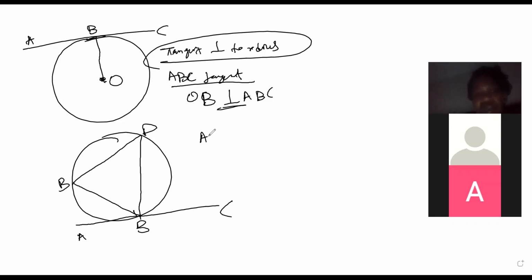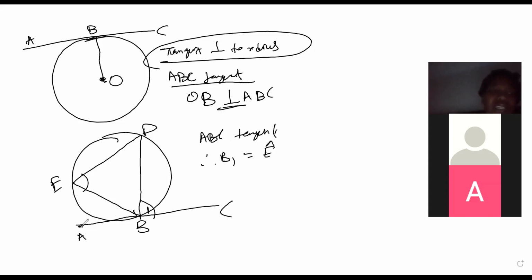So if ABC is a tangent, therefore this angle will be equal to this one: B1 will be equal to angle E. That's the tan-chord theorem. It says the angle between a tangent to a circle and a chord drawn from the point of contact is equal to the angle in the alternate segment.